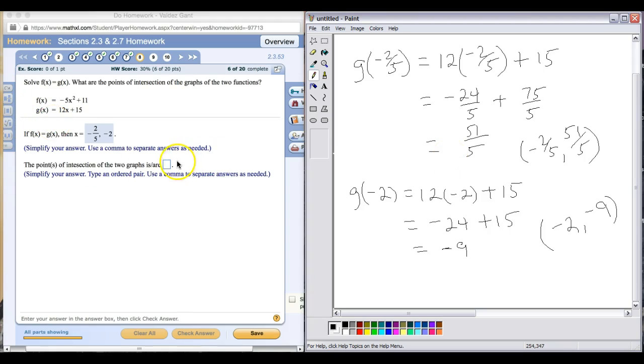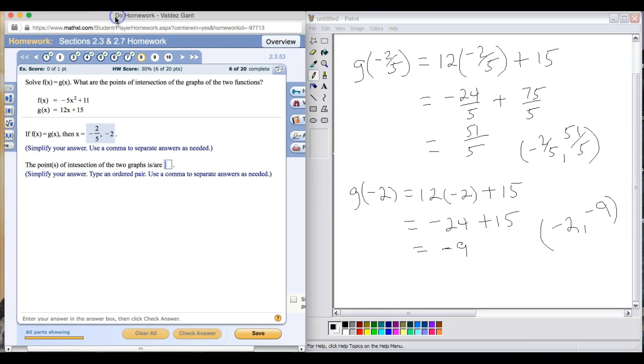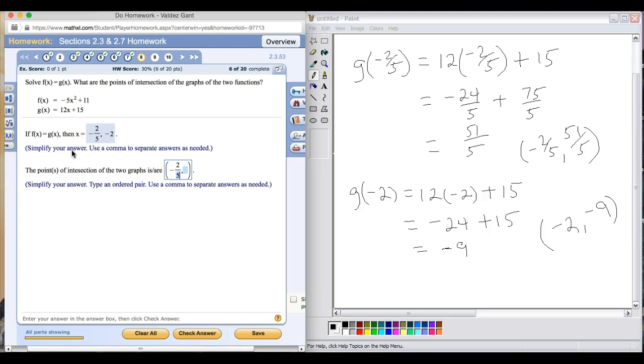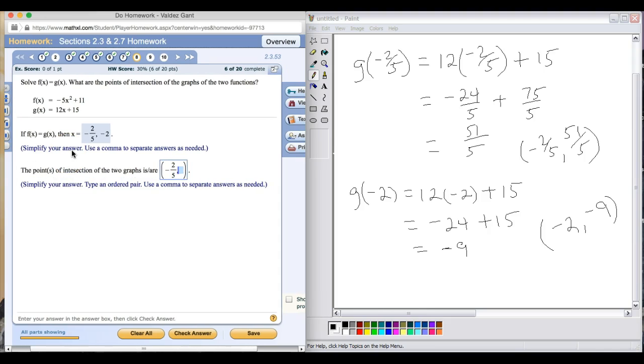And so now they're asking us for an ordered pair, so we need to make sure that we give them exactly what they want. So move this over slightly. Here's my first ordered pair, negative 2 divided by 5, and then the next one would be 51 divided by 5.